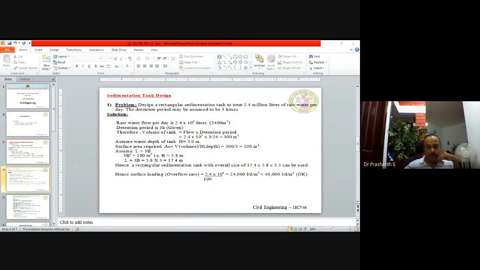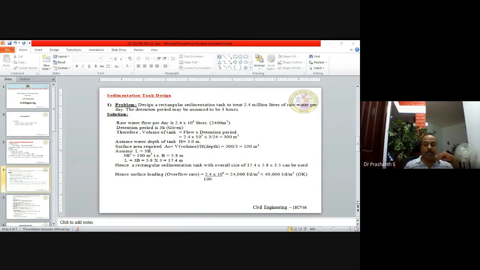So it is 300 meter cube. Let us assume water depth as 3 meters, H. So when the water depth is assumed 3 meter, what is the surface area required? AS is equal to volume divided by depth. 300 by 3 is 100 meters square. That is the surface area required.